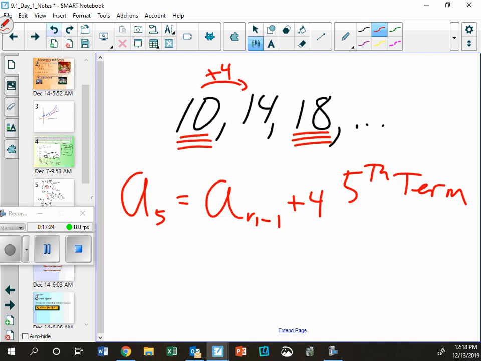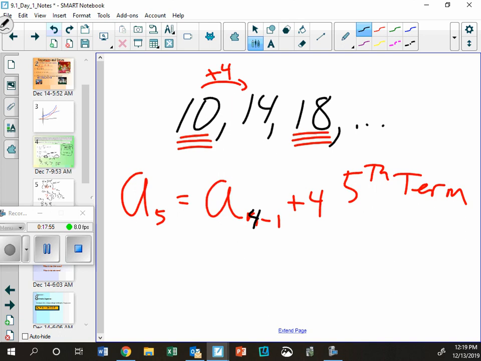So you're saying if you want the 5th term that you're going to do, I like the idea with the minus 1, but that's saying that you should just take the 4th term and add 4 to it. I can't argue with that, but you can't just directly find it. To find the 5th term, you'd always have to find the 4th term then. Know what I mean? So if I want to eventually be able to find the 25th term, I don't want to have my rule be find the 24th term and then add 4 to it. You know what I mean?